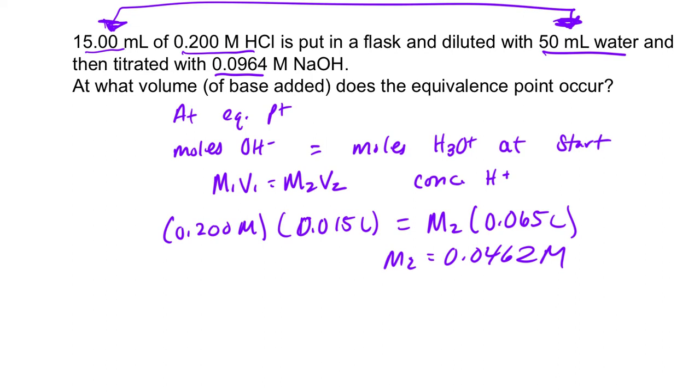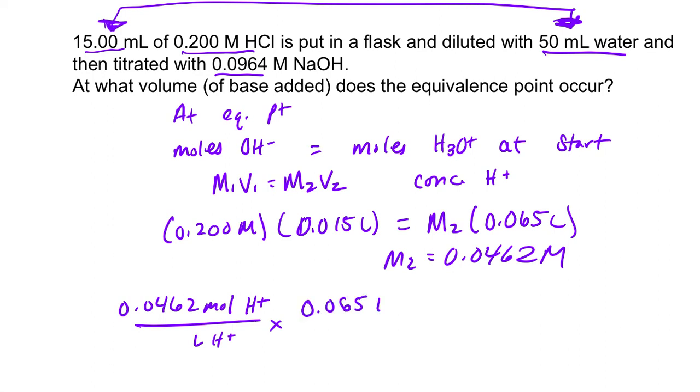We have 0.0462 moles of H plus per liter of H plus solution. We have 65 milliliters of that, or 0.065 liters, so liters are going to cancel. Now we have moles of H plus.